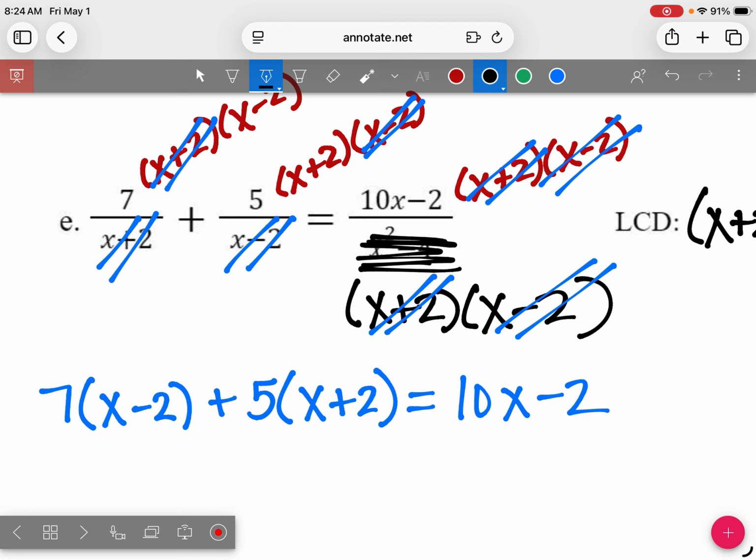Second step is to distribute. Pick up your calculators, distribute so you can eliminate your parentheses. So you're taking 7 times x minus 2 and 5 times x plus 2.